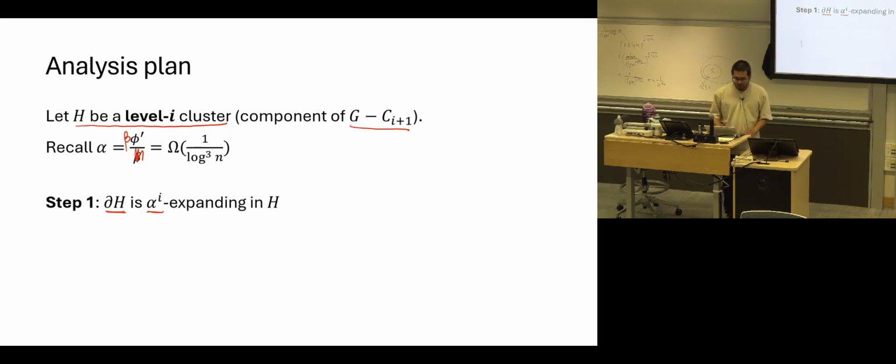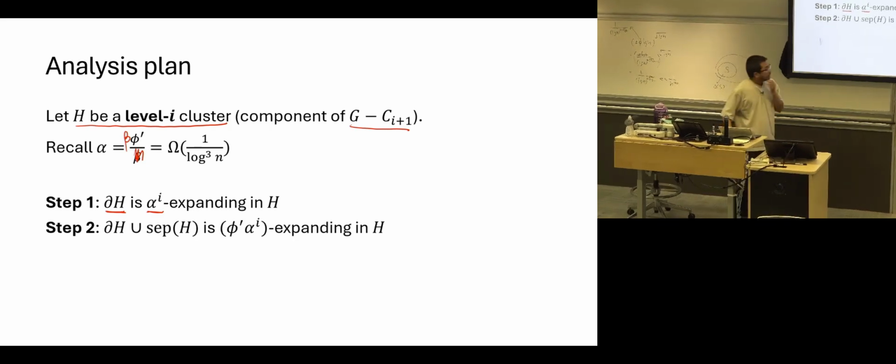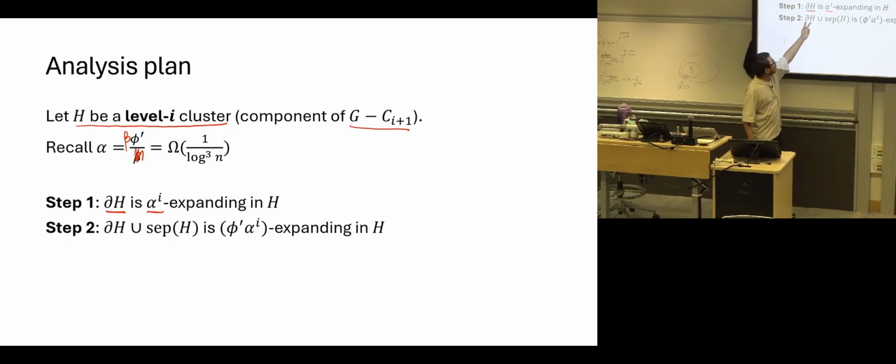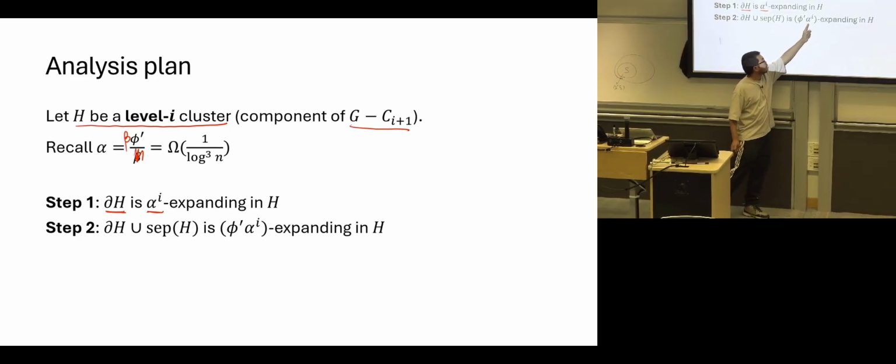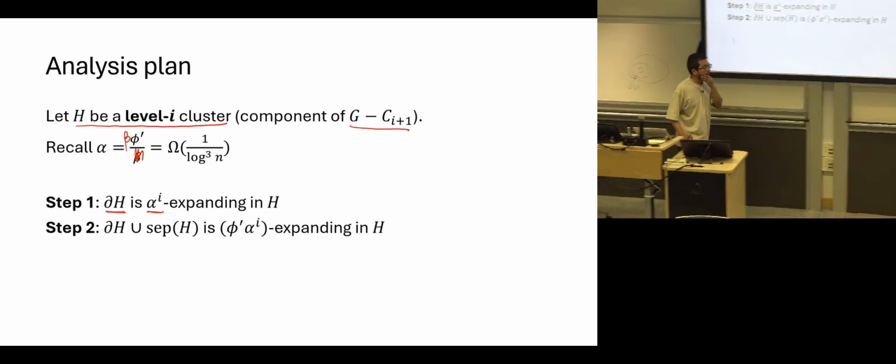It's going to be alpha to the I expanding. And then the next step is to say that the boundary here, together with the separator, is going to be phi prime times alpha to the I expanding.